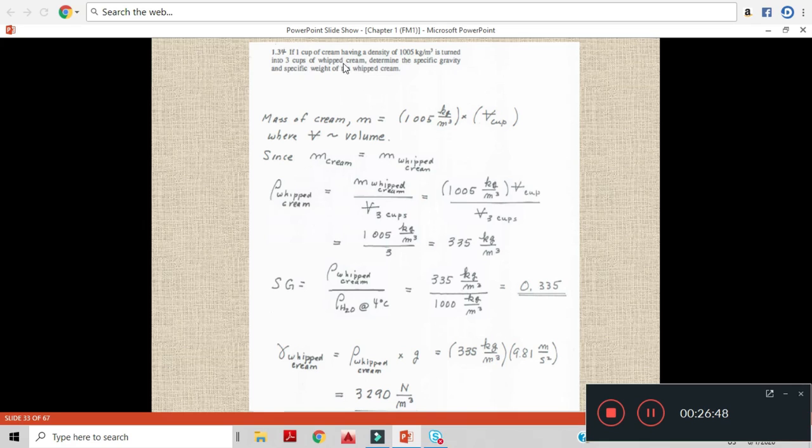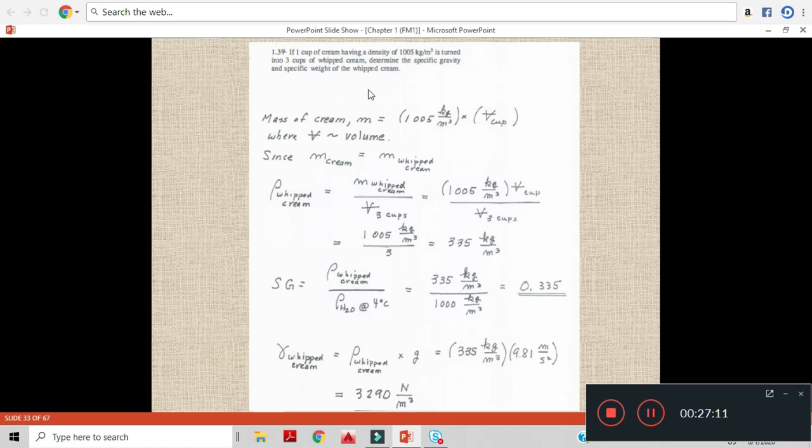So 1 cup of cream is turned into 3 cups of cream, and we have to find out the specific gravity and specific weight of the whipped cream.